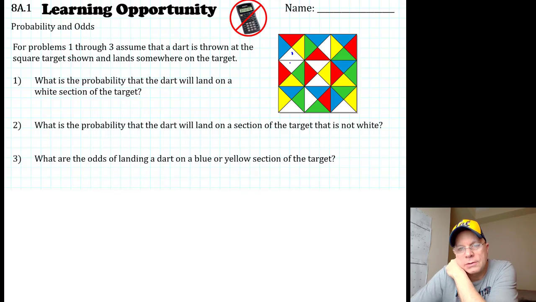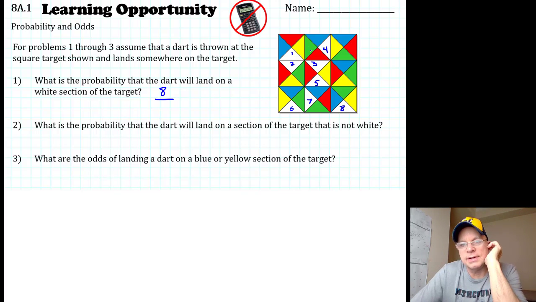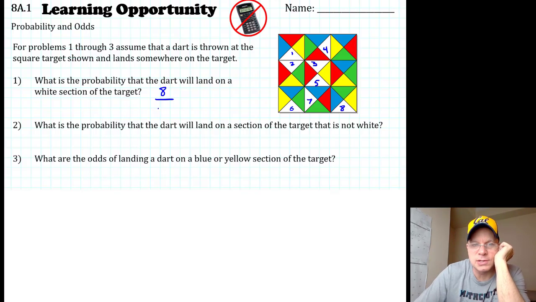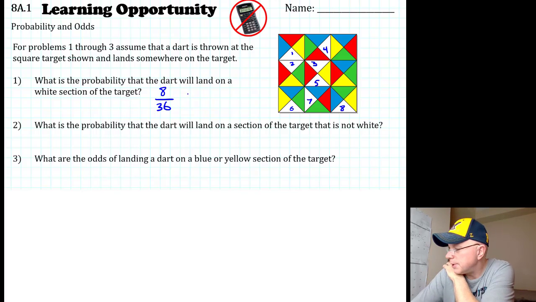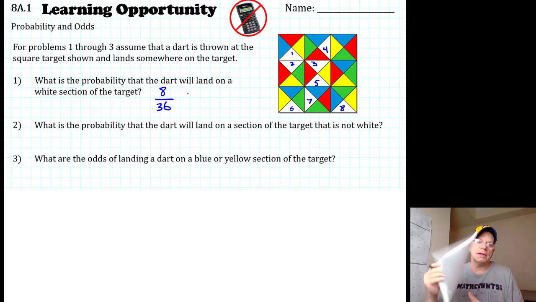Well, there are 1, 2, 3, 4, 5, 6, 7, 8 favorable outcomes. And I could count all the triangles, but why would I do that? There's 4 triangles in each square, and it's a 3 by 3 array, so there's 9 squares, and 4 times 9 is 36. So there's 36 possible outcomes, or 36 places that the dart could land.